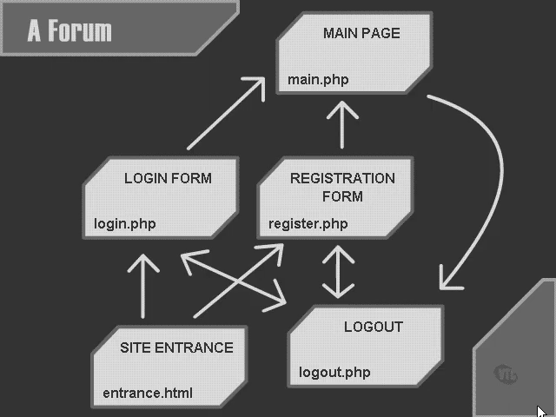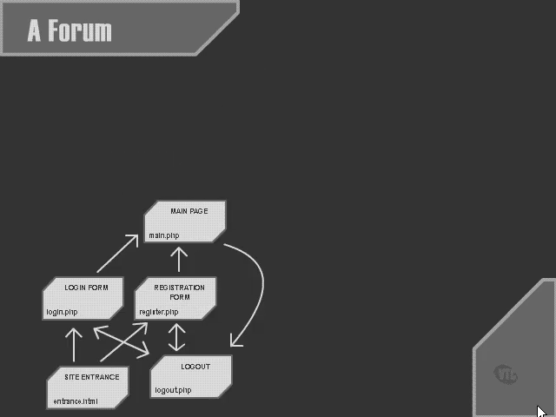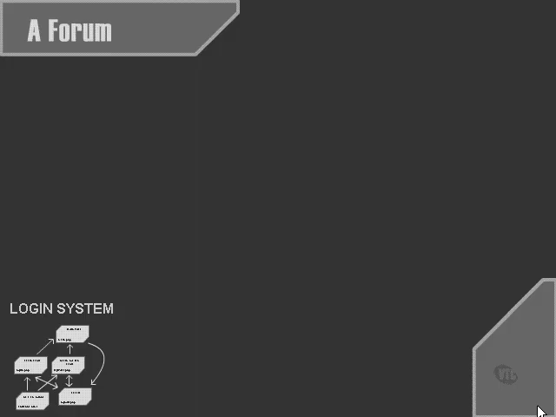We can use the login system that we made in an earlier chapter with some slight modifications, but essentially it'll be the same basic login system that we used. So we'll use that as the entrance to the site.